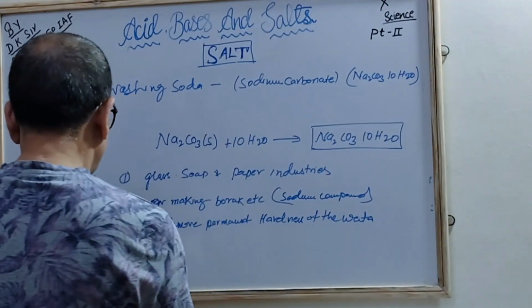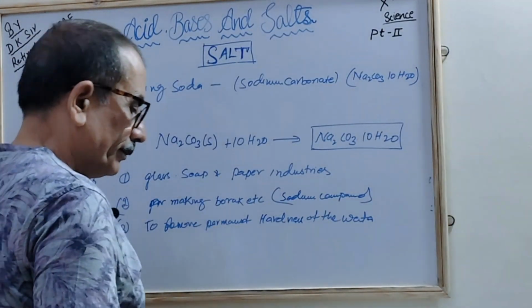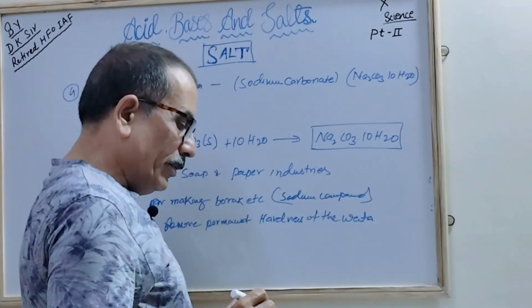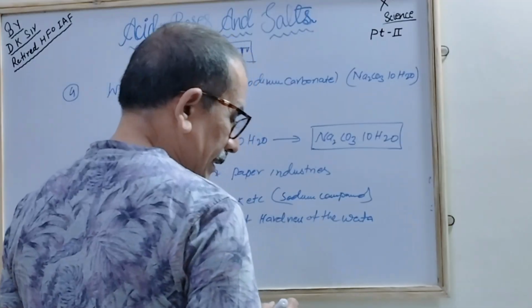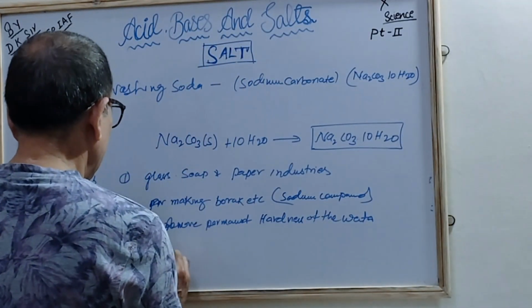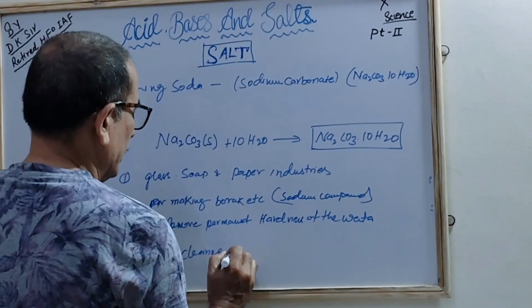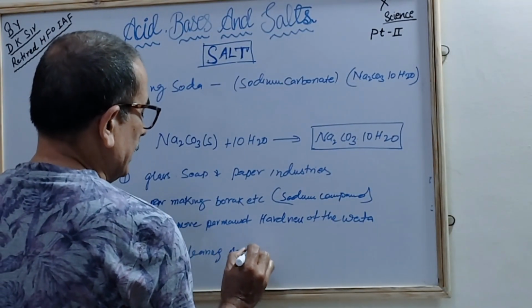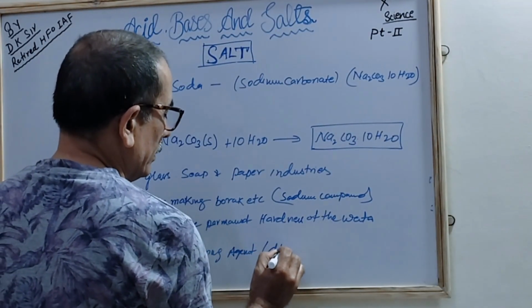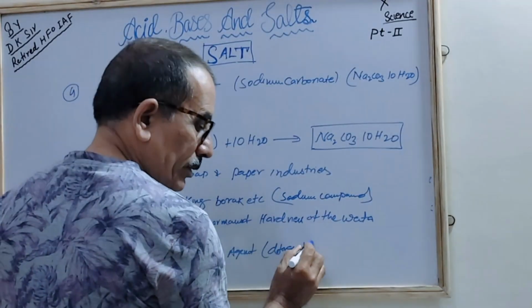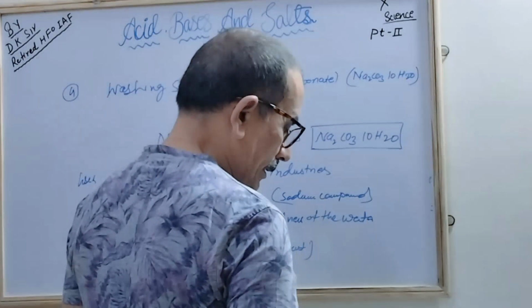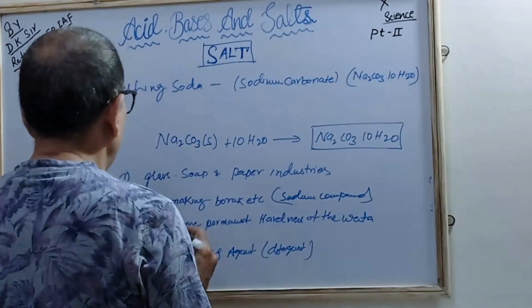The fourth, it is used as a cleaning agent. The cleaning agent means like a detergent. Correct? We are using it like a detergent in houses and laundries. Correct? We are using it.